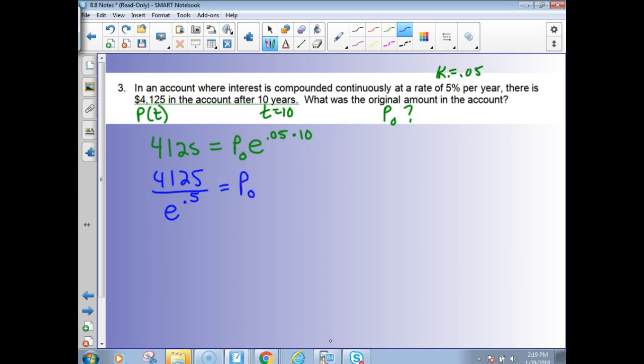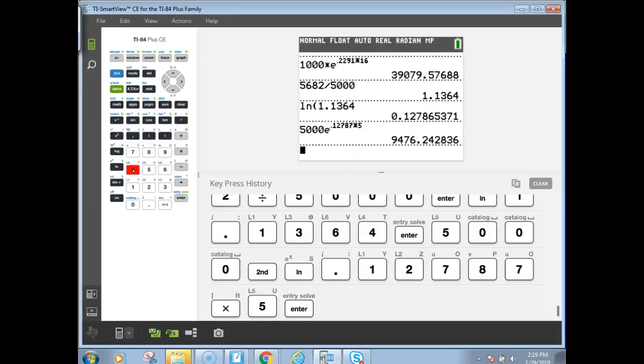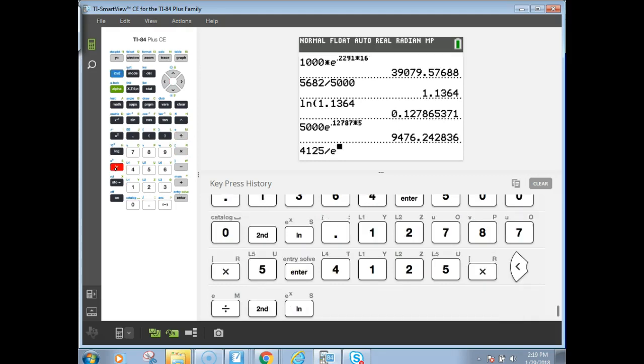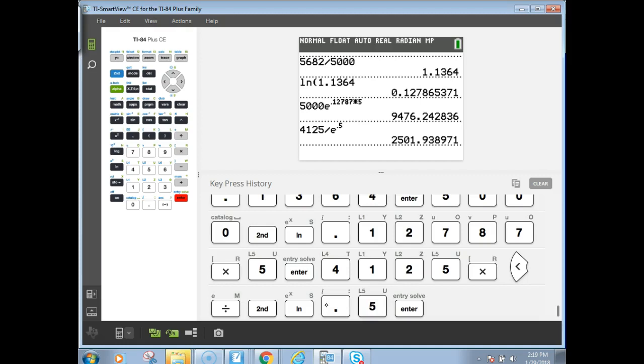So let's calculate that: 4,125 divided by e to the 0.5. You got $2,501.94.